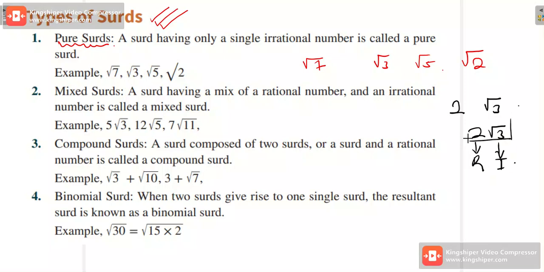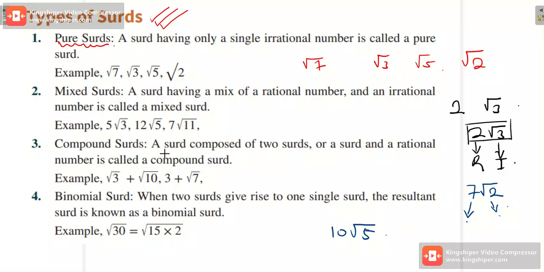Therefore, this set is called a mixed set. Another example is 7 root of 2. 7 is a whole number or a natural number, and this is an irrational number. So it is a mixed set. Think of more sets which are mixed. Another example is 10 root of 5, which is a mixed set.